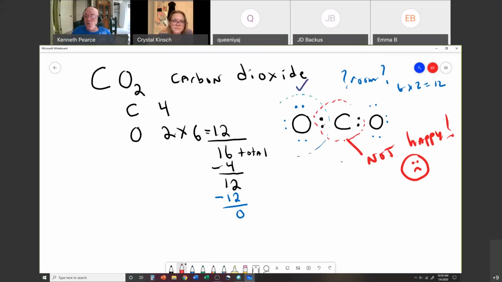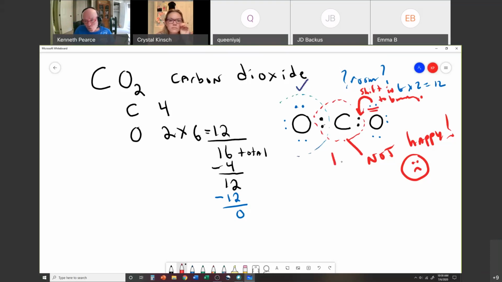Well, what we can do is we can take a non-bonding pair and we can shift it into bonding. Okay, we're going to shift into bonding. So this pair right here is going to shift in.